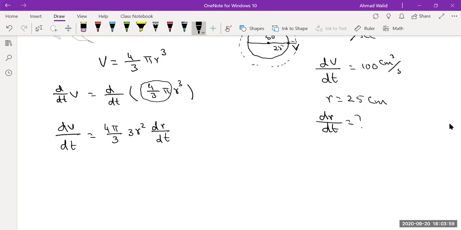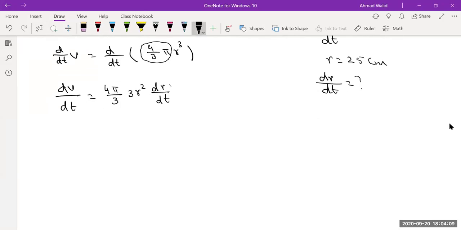Or some students prefer to first solve it for dr/dt, then plug in the numbers. Which way is easier for you? Go that way. We are solving this equation for dr/dt.